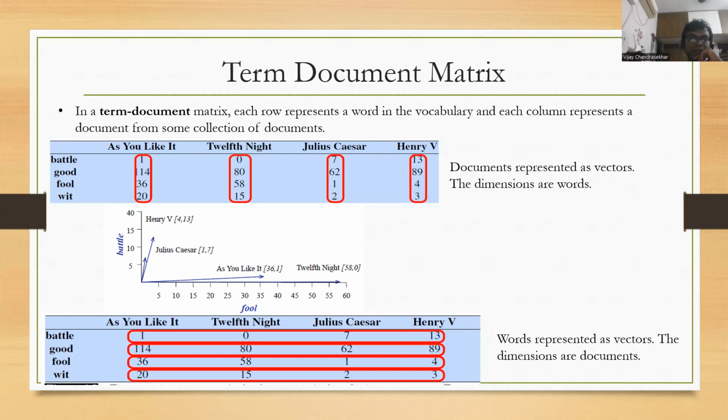Just look at the numbers and tell me. Twelfth Night, correct. Intuitively it seems so to us; the others, 1, 114, 36 and 20, 0, 80, 58 and 15, are a bit way off.